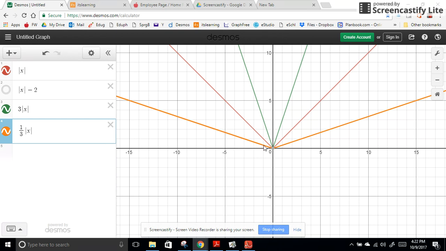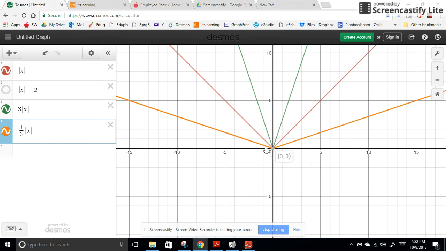And where the parent function was 2, 2, this function is 2, 2/3. Okay, so we took each one of these values right here and multiplied it by 1/3.